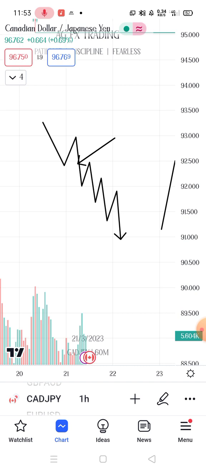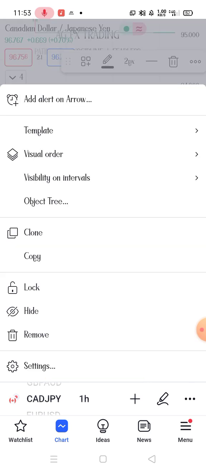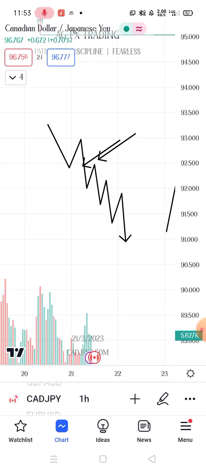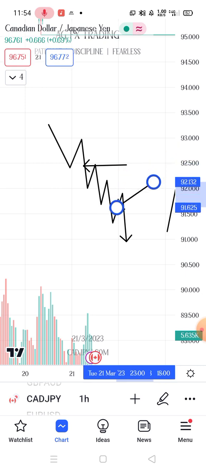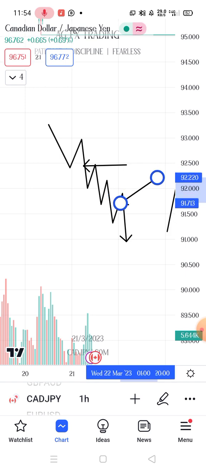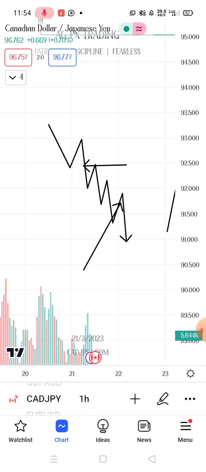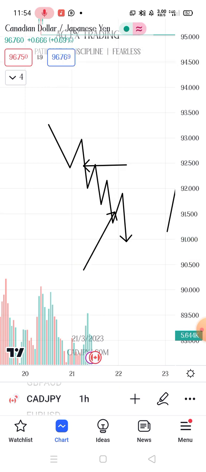The impulsive move. This is a downtrend. It's going down. It's an impulsive move. Then this one right here is the corrective move.